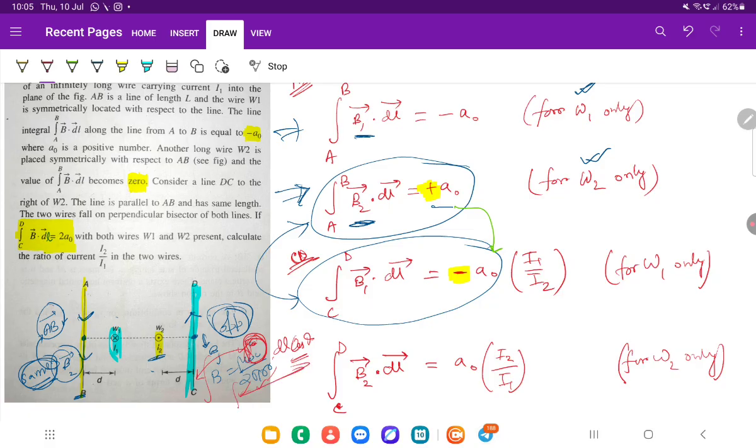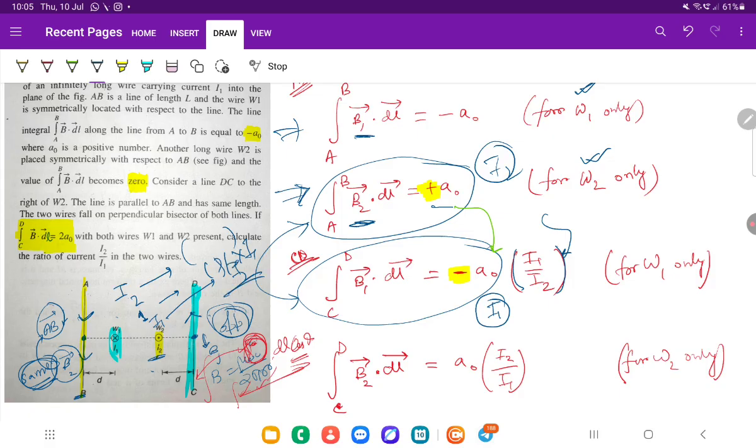So I has only changed: here it was I2 and here it was changed to I1. So we'll change it with a factor of I1 upon I2, right? You can understand by the simple unitary method that for I2 the line integral value was something, so for unit current it will be something by I2, so for I1 it will be something by I2 times I1, right? I'm not writing very cleanly, but try to understand.